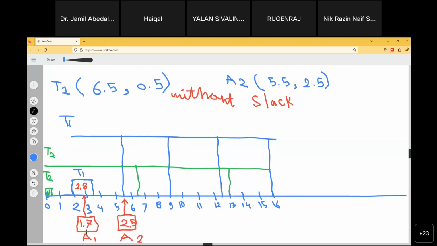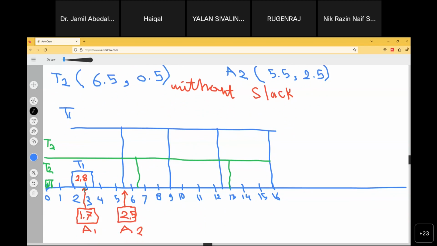See, aperiodic 1 is released at 2.8, but an aperiodic cannot preempt a periodic since this type is without slack stealing. That means the priority is given to the periodic.